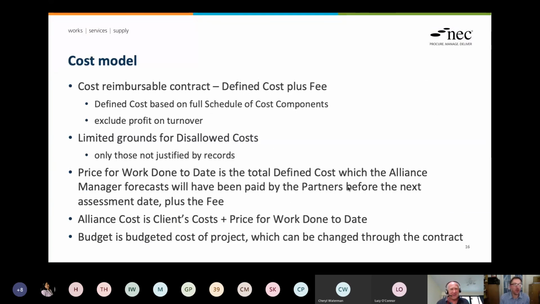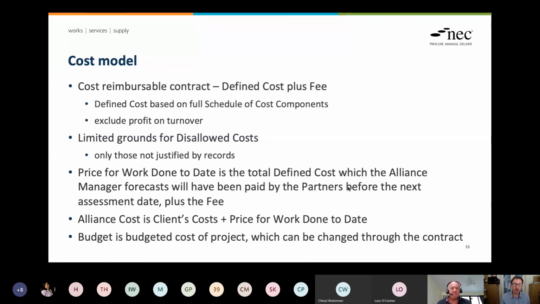Okay. So costs. This contract from a cost point of view still relies upon the concept of defined cost plus fee, and essentially the scope of defined cost plus fee is very similar to any other NEC contract, ECC contract option C, or one of the cost-based ECC contracts.